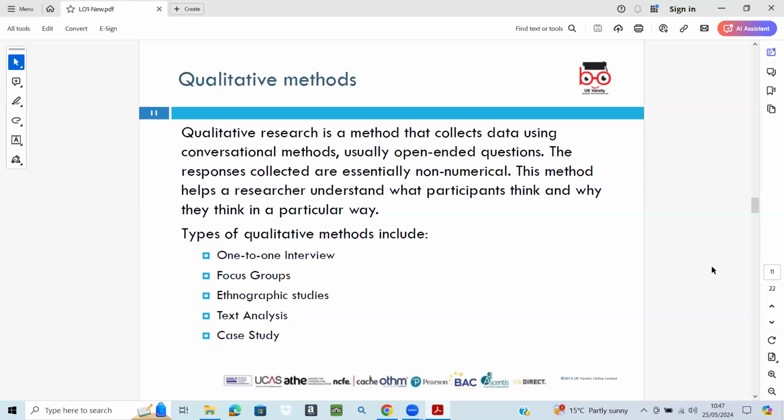Some of the practical applications involve healthcare, education, social sciences, market research. These all are some of the practical applications related to the qualitative method.